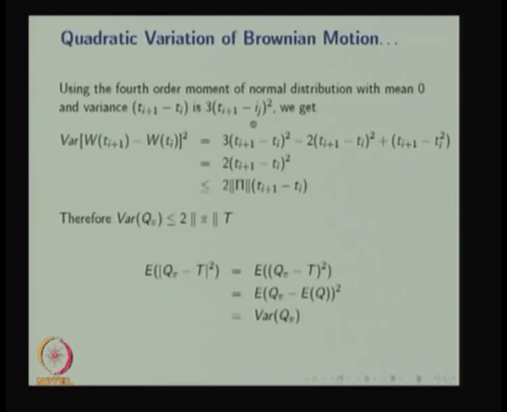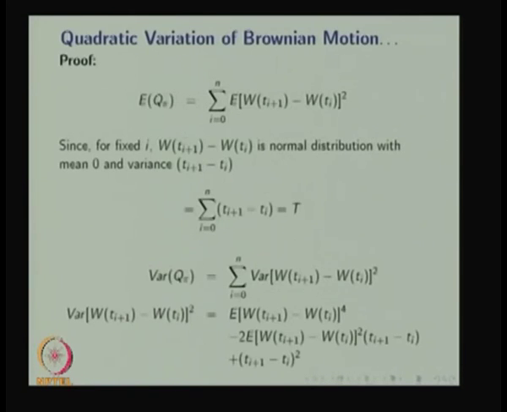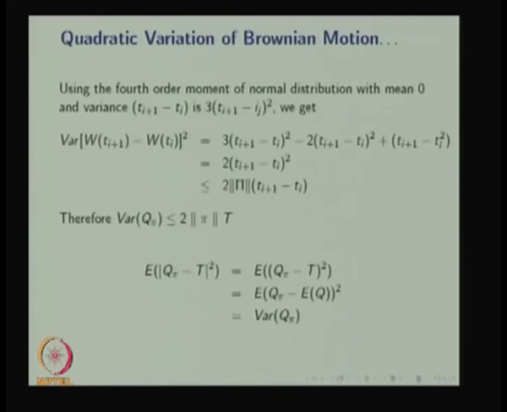Therefore, the variance of the difference of the random variable whole square is nothing but 3 times the time difference whole square, minus 2 times the time difference whole square, plus the time difference whole square. So therefore, this is nothing but 2 times the time difference whole square.